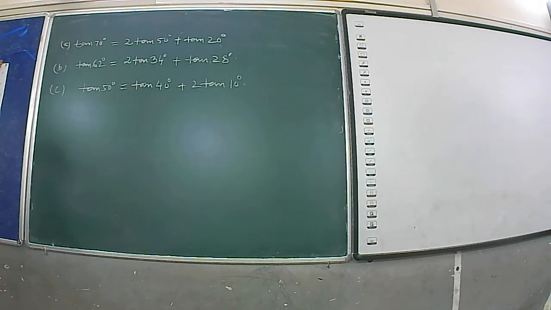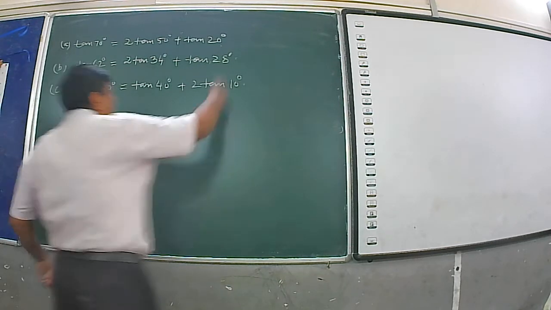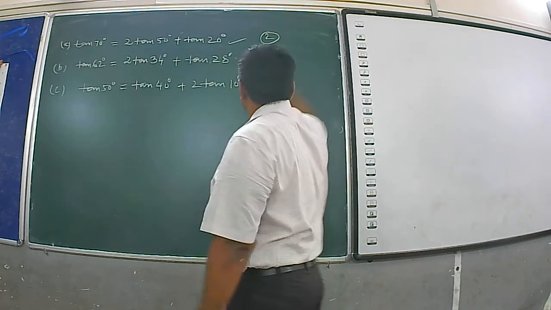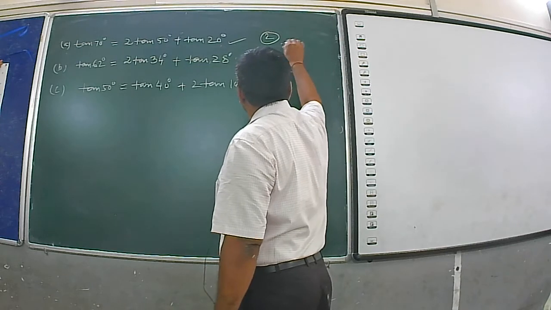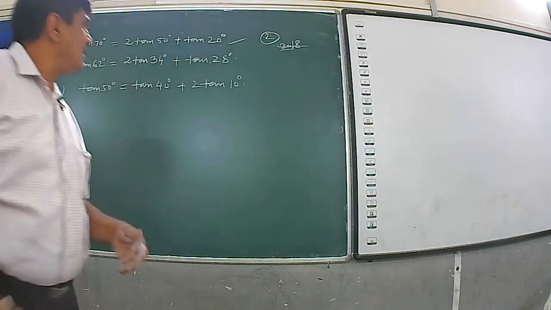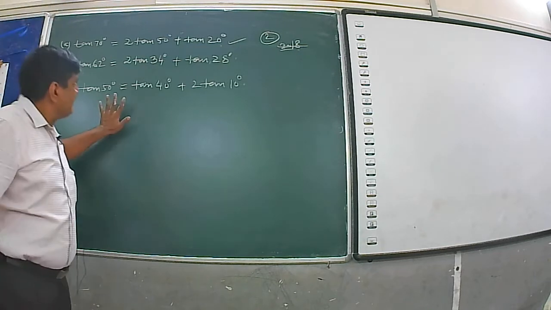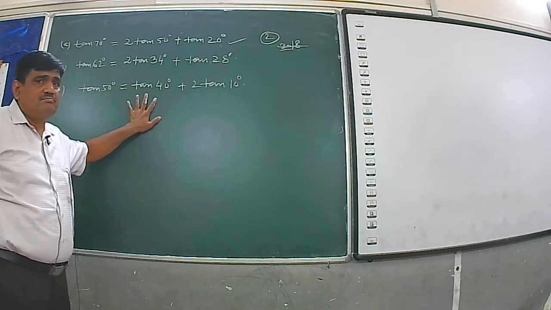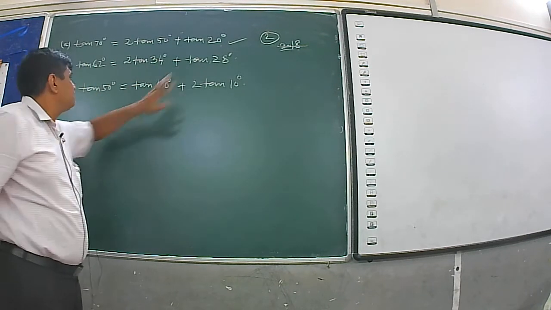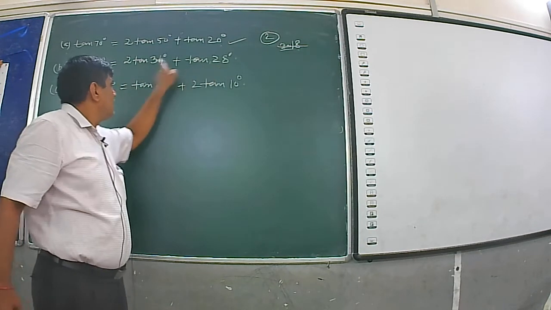There are 3 or more questions of this type, and this is a 2 marks question in 2018. First of all, we make the relation between the given angles. 70 degree is equal to 50 plus 20. 62 degree is equal to 34 plus 28.